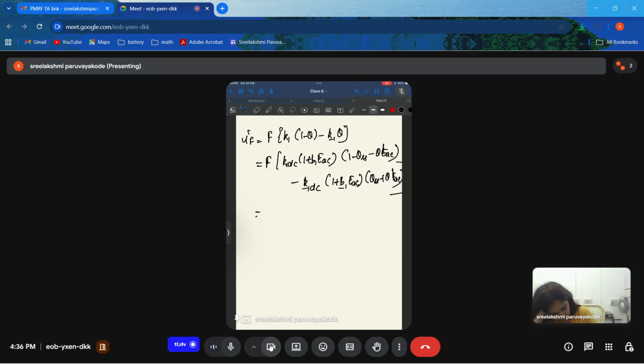Now separated: F K1 DC (1 minus theta SS) minus, I would prefer to write the minus here, K1 DC theta dash EAC plus K1 DC B1 EAC (1 minus theta SS).